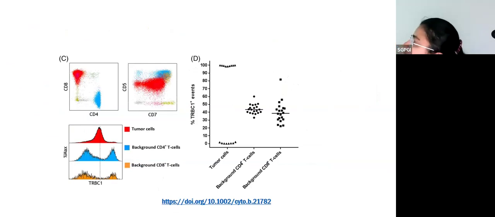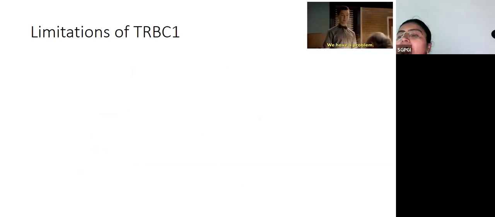So this particular pattern also exists with TRBC1 antibodies. If you look at the lymphomas that these investigators, and this was Horna's group, studied, lymphomas either express TRBC1 or they do not express TRBC1 on tumor cells. They don't have intermediate expressions, which you have for the normal CD4 or CD8 positive events.